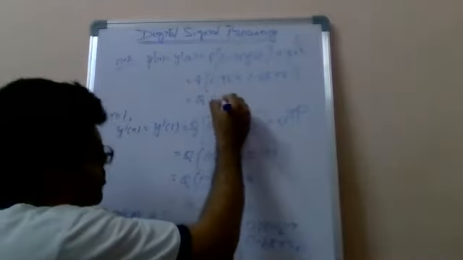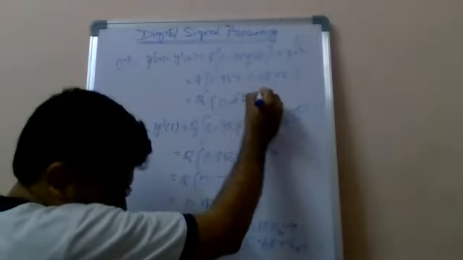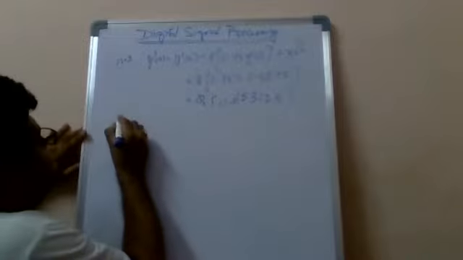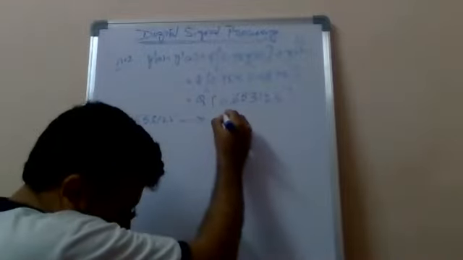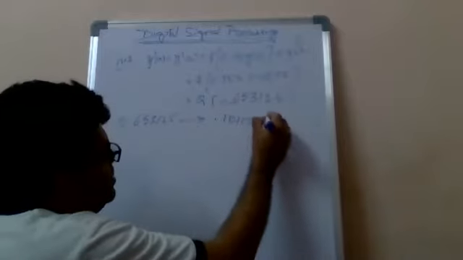So the product is q of 0.653125. Now if I convert 0.653125 into binary, this will be 0.10100 to the base 2.